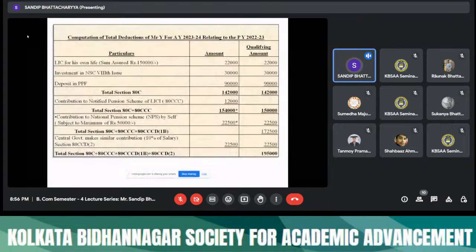1,42,000, sir, no problem: I paid LIC, made an investment in NSC, and did PPF, no problem. I contributed 12,000 to a pension fund, but when I do 80C plus 80CCC, 1,42,000 plus 12, that is 1,54,000, but I am not eligible for 1,54,000 because the aggregate under section 80C plus 80CCC is 1,50,000.